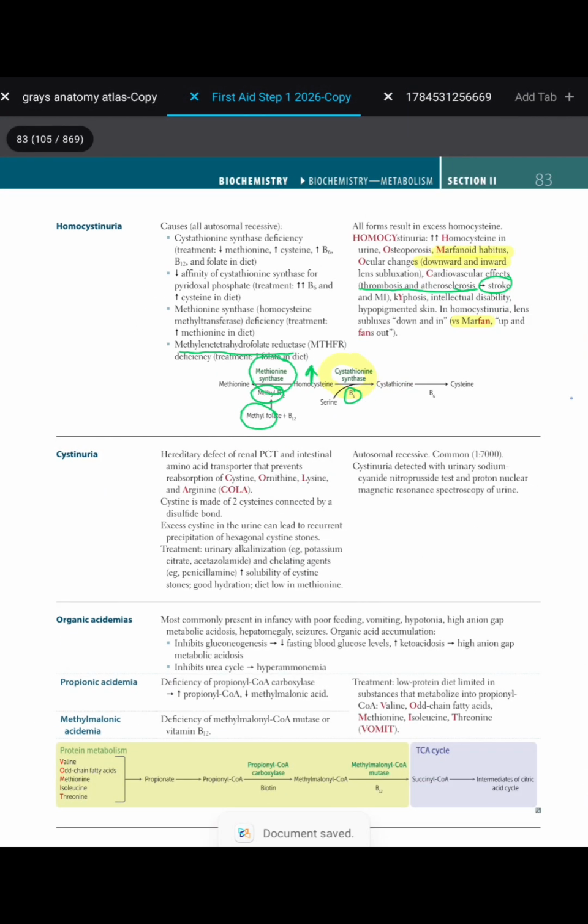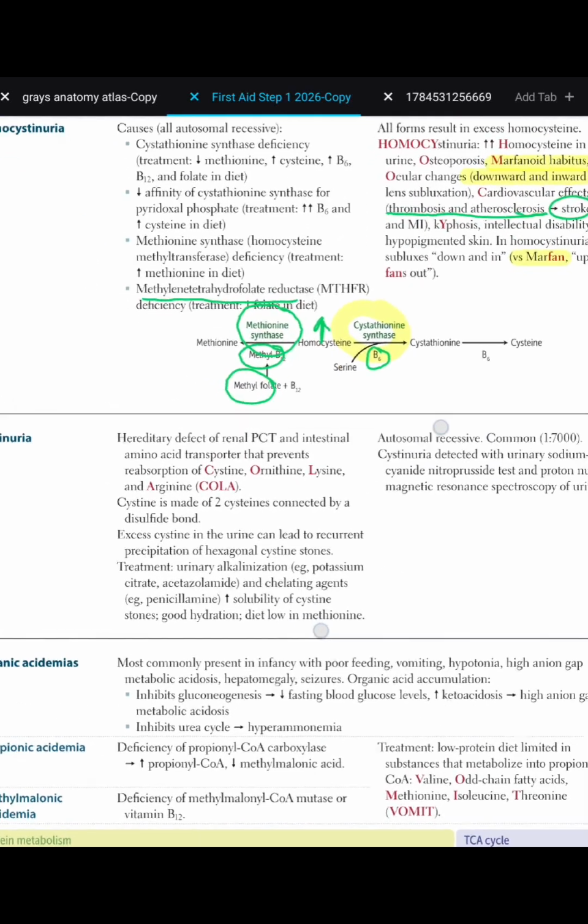Now study another amino acid disorder, that is cystinuria.